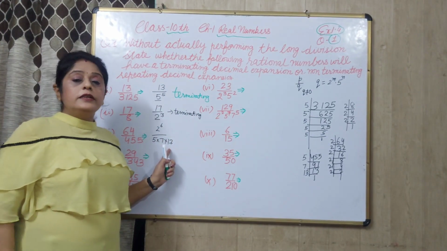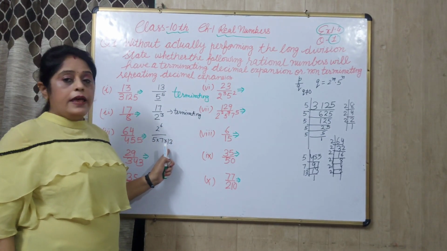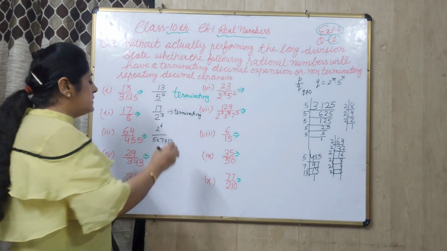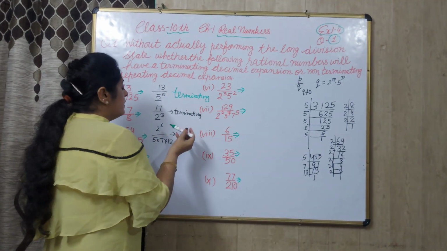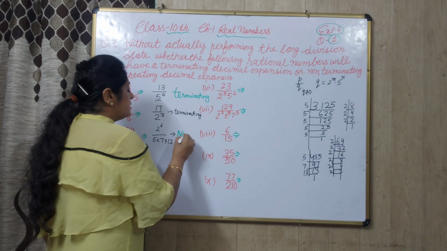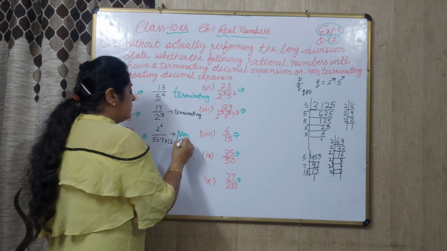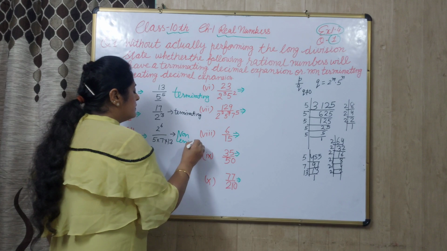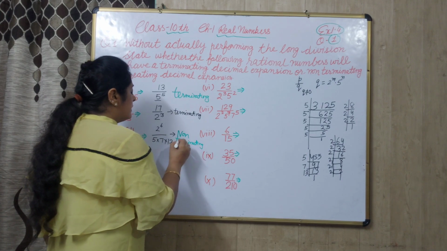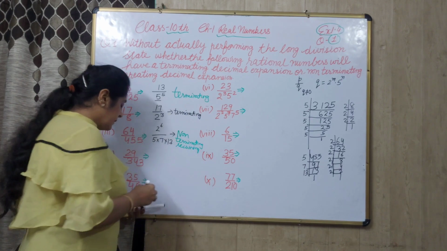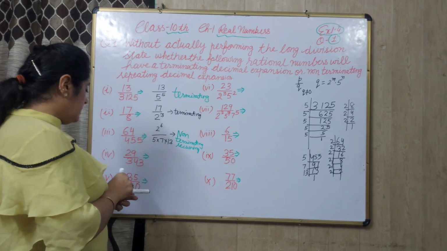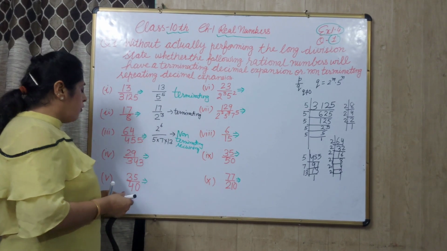Our Q is not in the form of 2 power m and 5 power n, so it is non-terminating and repeating, also called recurring. Now next, 29 upon 343.